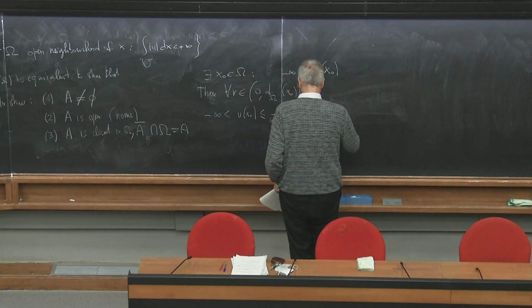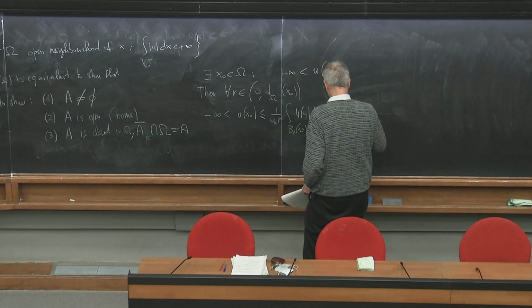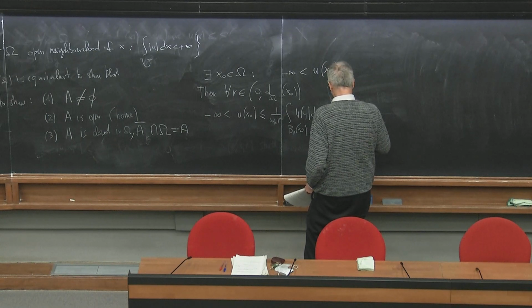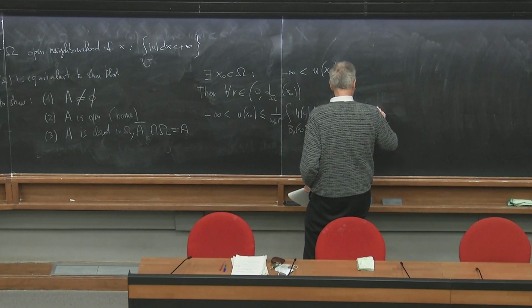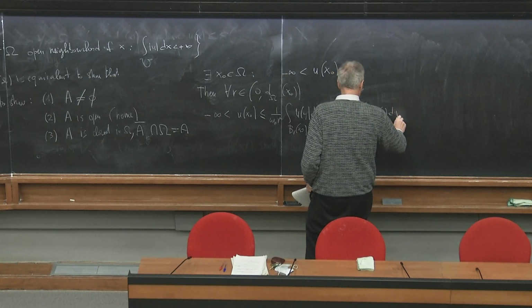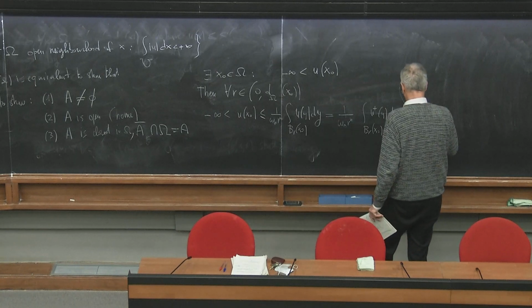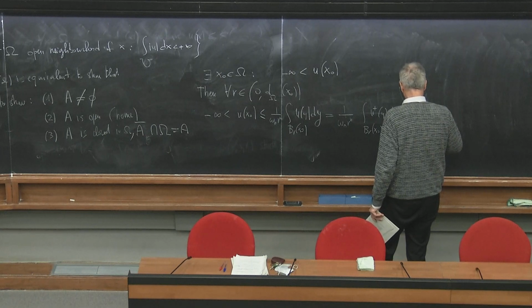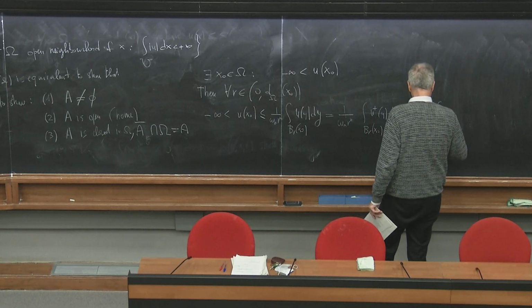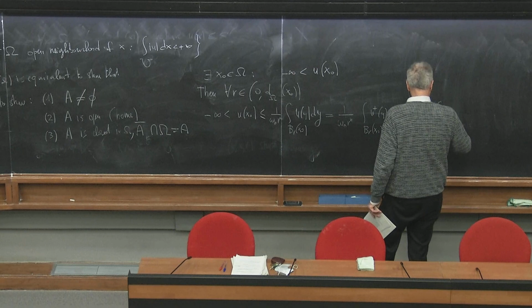We simply write this as 1 over omega n r to the n integral of u plus y dy minus 1 over omega n r to the n integral of u minus y dy.